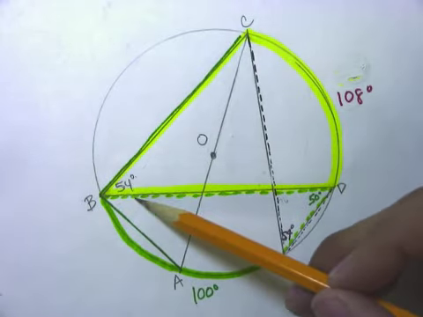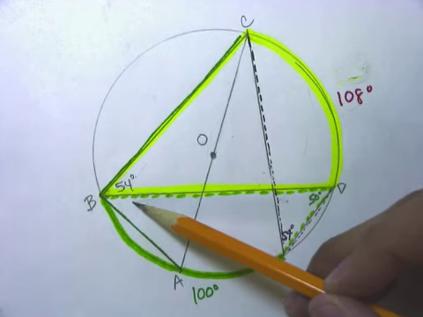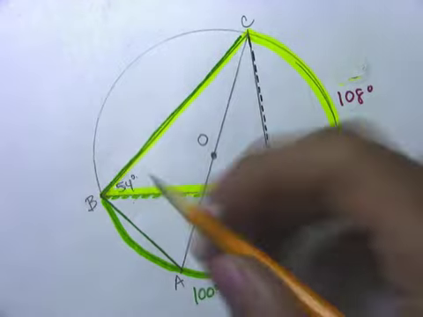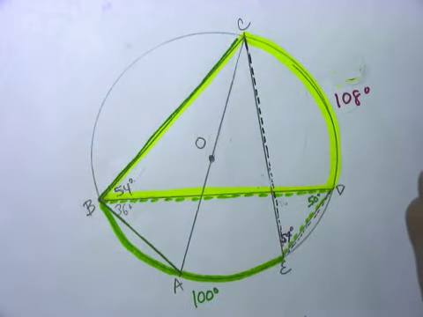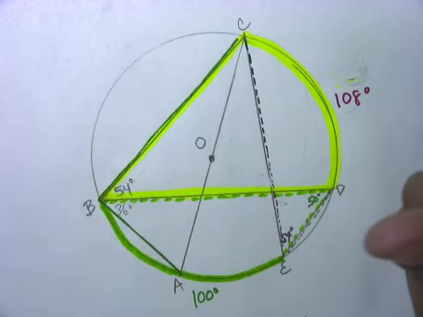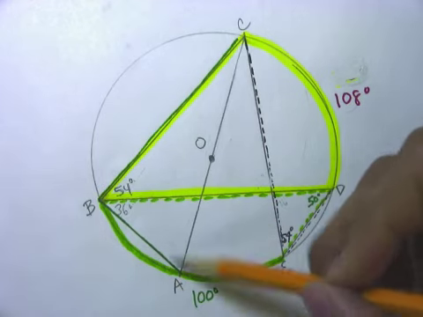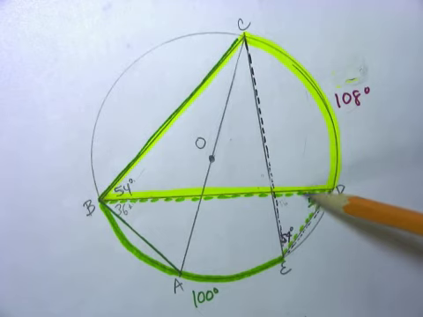Now, since angle ABC is 90 and this is 54, we can figure out what this is right here. Well, we can do 90 minus 54, which is going to give us 36 degrees.